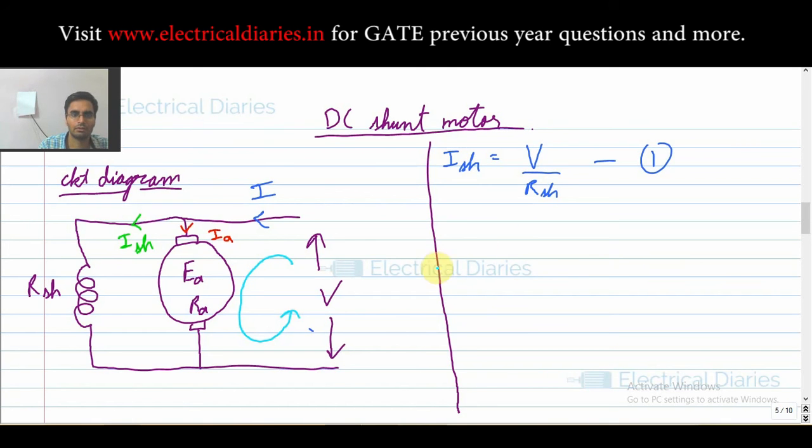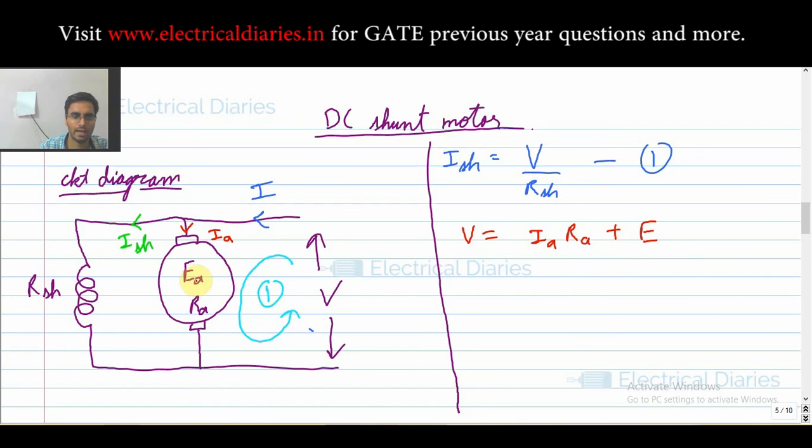You just apply the KVL in loop 1. What you will get is V is equal to IA RA plus E. That is the KVL in this loop.